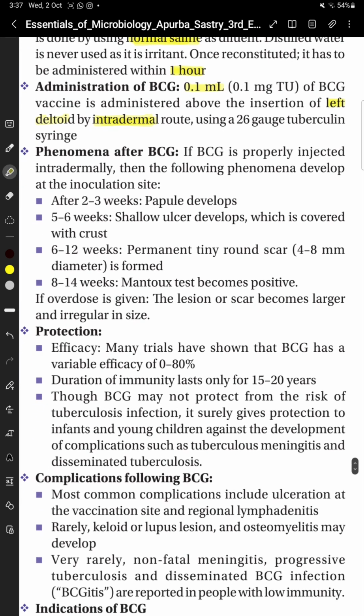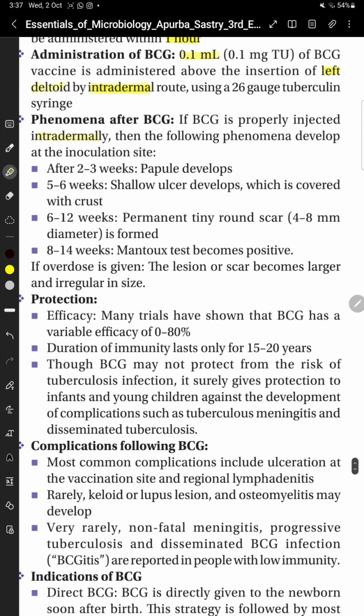Phenomena after BCG. If BCG is properly injected intradermally, then the following phenomena develop at the inoculation site. After 2 to 3 weeks, a papule develops. At 5 to 6 weeks, a shallow ulcer develops, which is covered with crust.